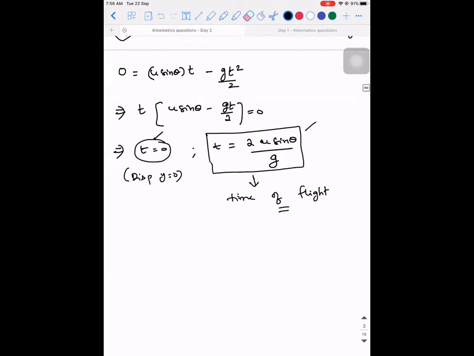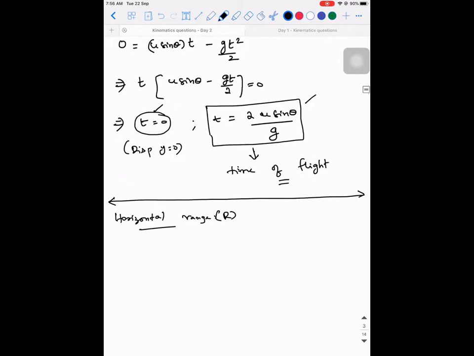Now, the last concept that we need to see is the horizontal range. Horizontal range is represented by capital R. Tell me, what is the horizontal range, guys?